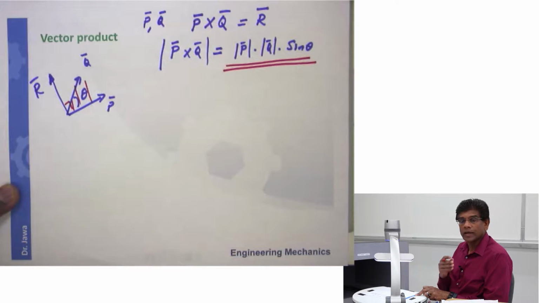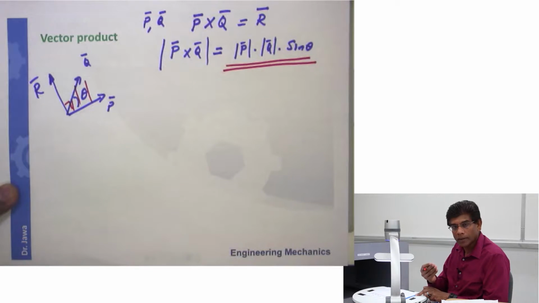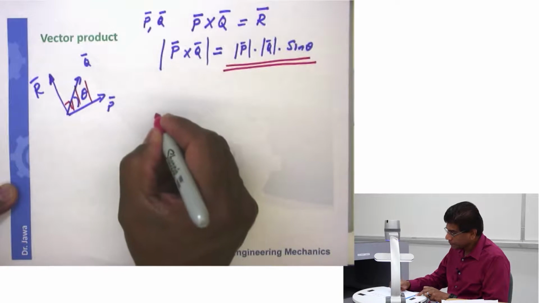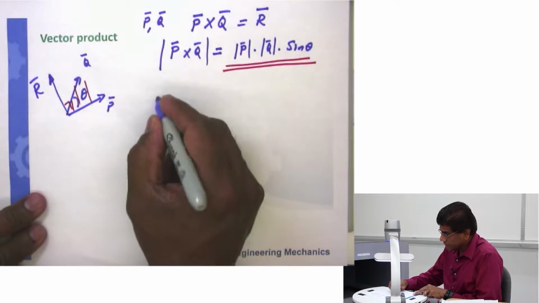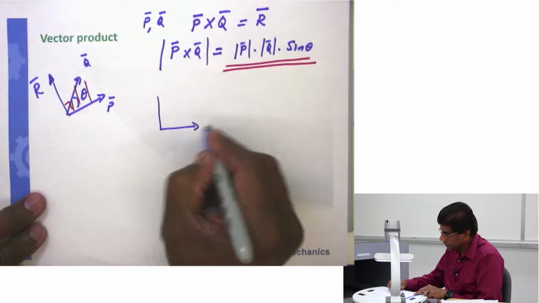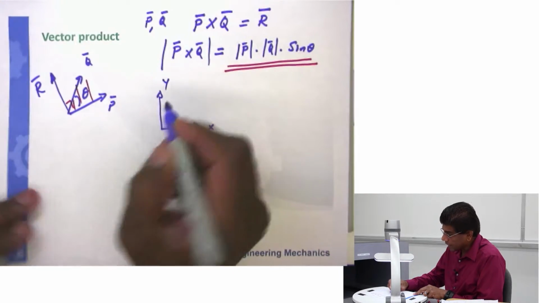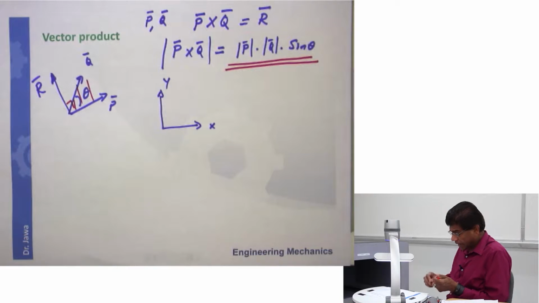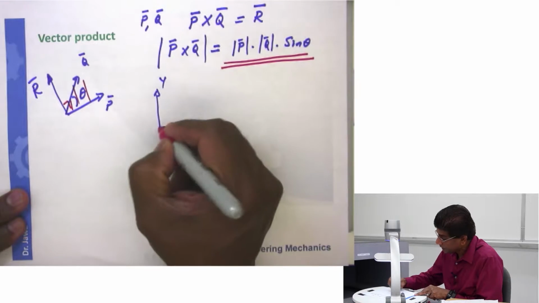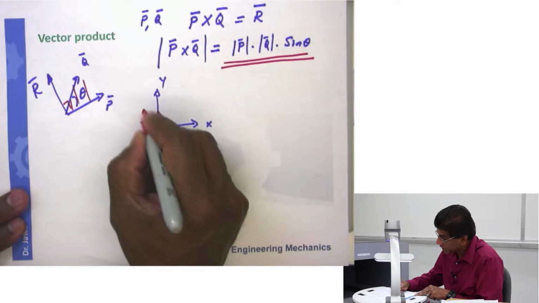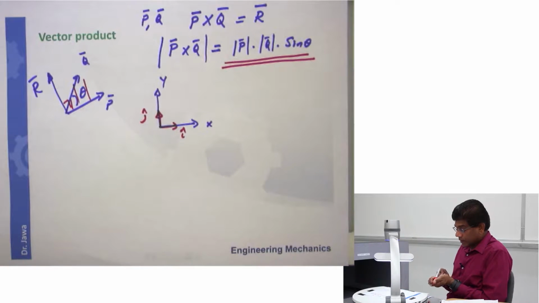All of you know we assign a unit vector, meaning the magnitude of that vector is going to be equal to 1, along each axis x, y, and z. So, if I have an x-axis, y-axis, and if I have a unit vector defined along x, which is I, and a unit vector defined along j, that means I can cross now two vectors.